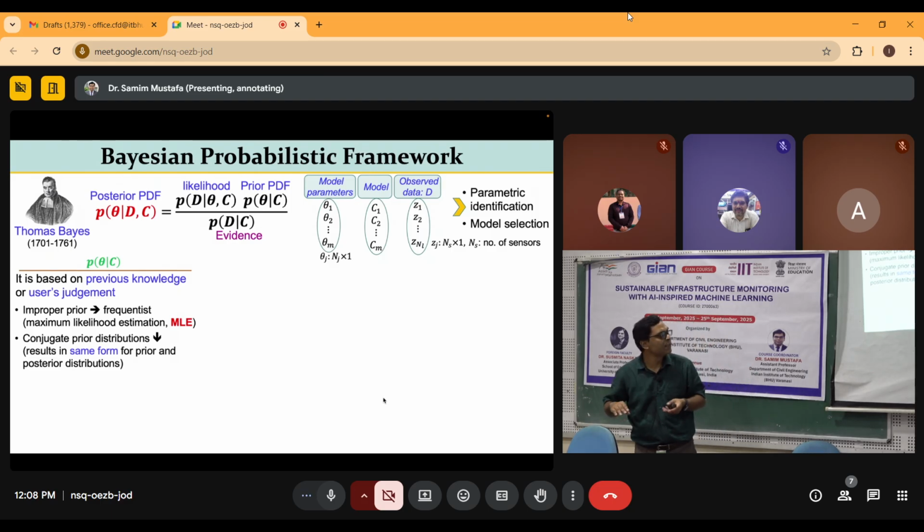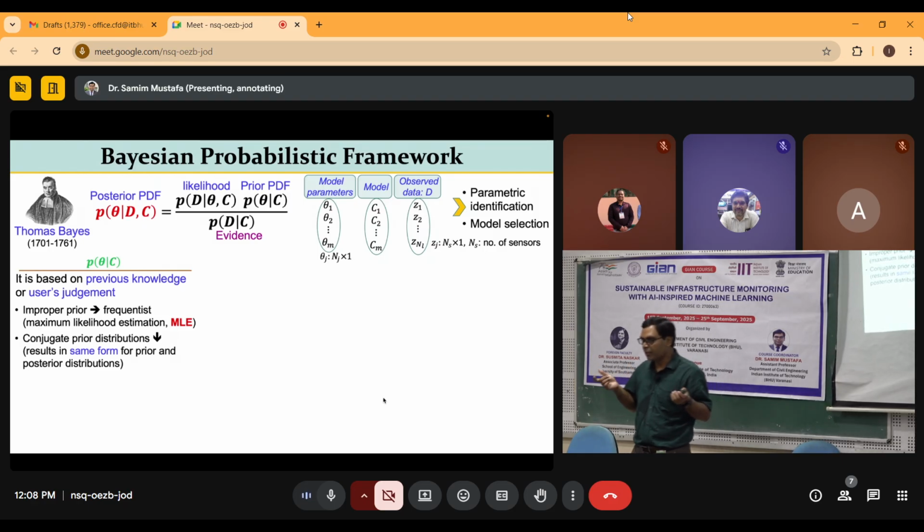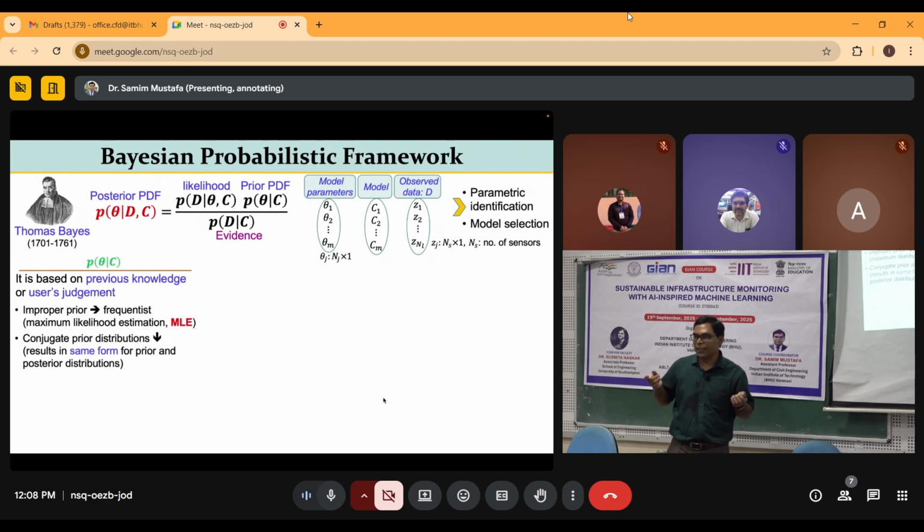Nothing else. In mathematical terms, a conjugate prior distribution could be used. Conjugate prior distribution means you are assigning a distribution for the prior. Usually we use a Gaussian distribution in most cases because it is mathematically much easier to model, and also many natural phenomena follow the Gaussian distribution.